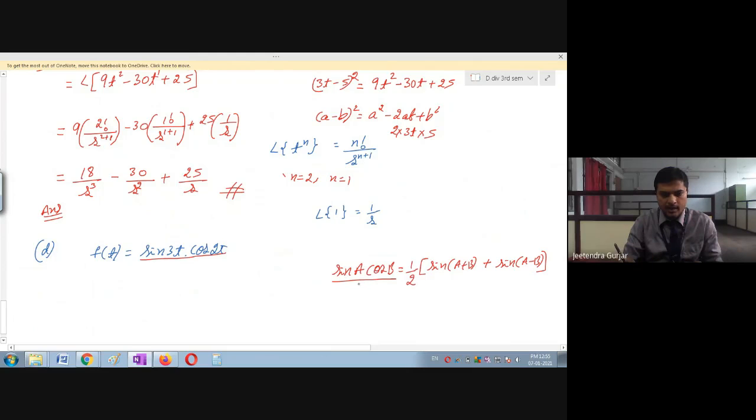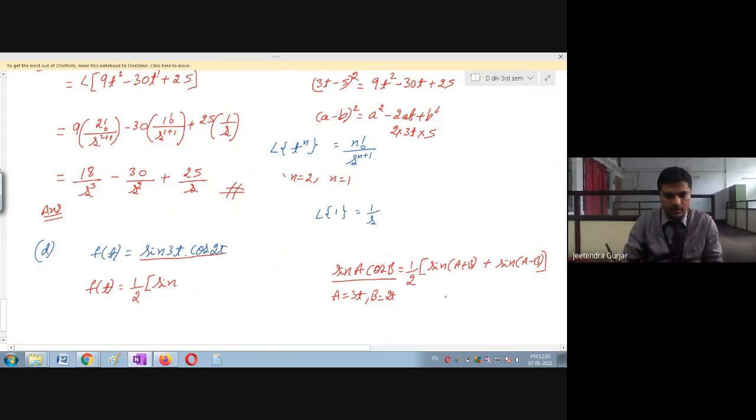Now I can just compare this equation with this. We can see sine and cos is there. A they have given here as 3t and b they have given 2t. So if you substitute these values, what will this become? Yes, so you can easily see this f of t I will write in terms of 1 upon 2 sine 3t plus 2t.